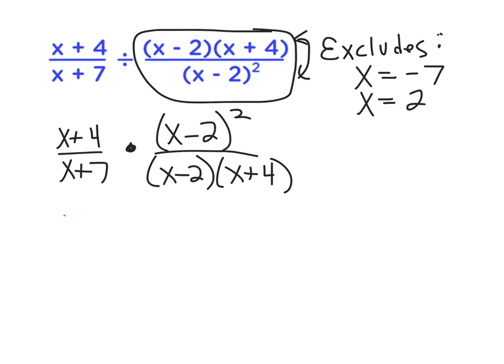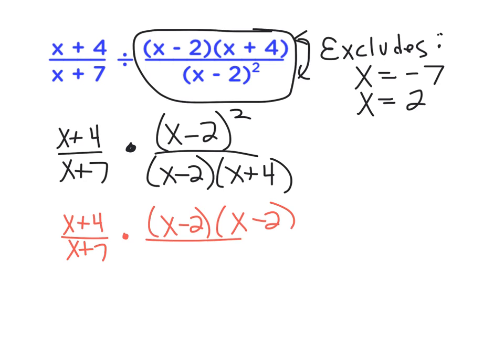This time I'm going to write my x plus 4 over my x plus 7 times, and I'm just going to write it as an expanded version instead of the shortcut of squared. What I did was this squared really just meant x minus 2 times x minus 2. So I just expanded it out.